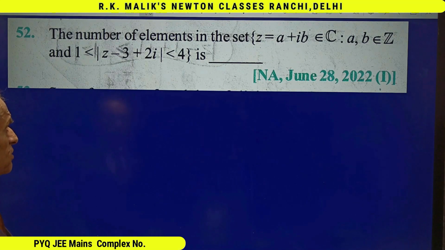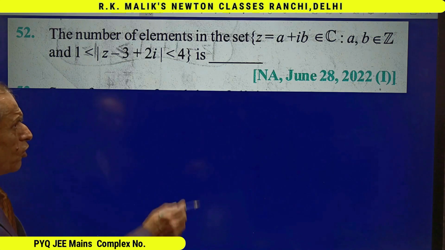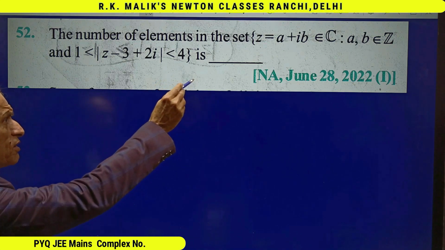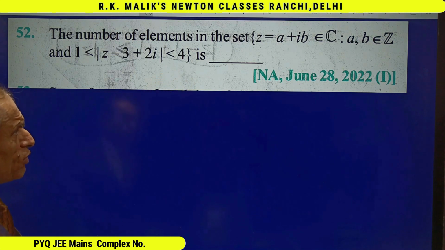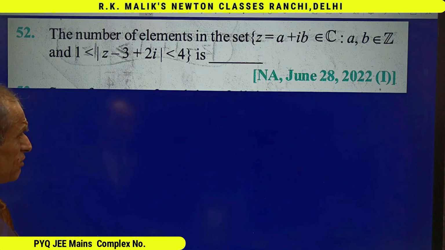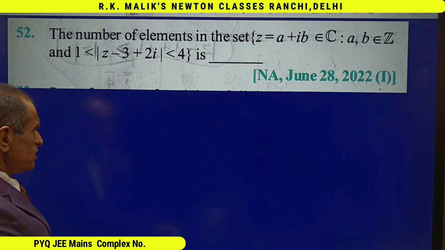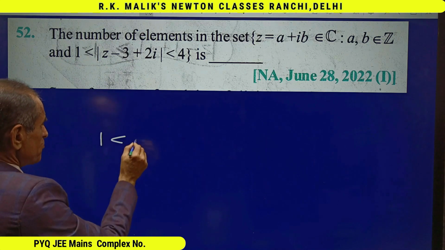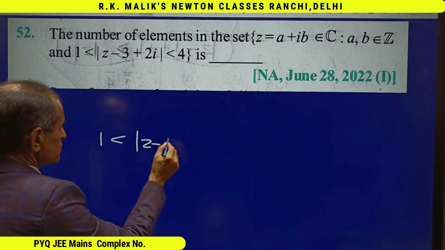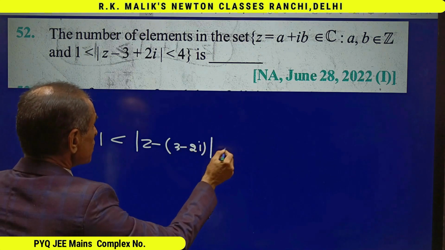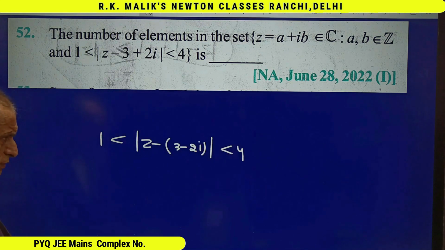In other words, the meaning of the question is you have to find all possible integral values of a and b, that is, all possible values of z which satisfy this inequation. This inequality implies that 1 is less than mod of z minus 3 minus 2i less than 4.